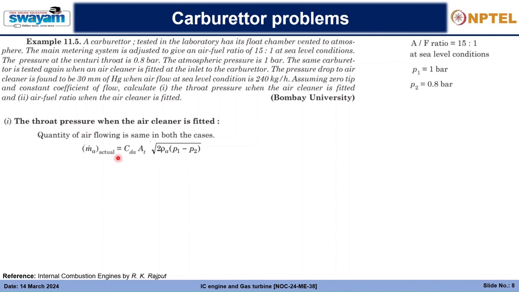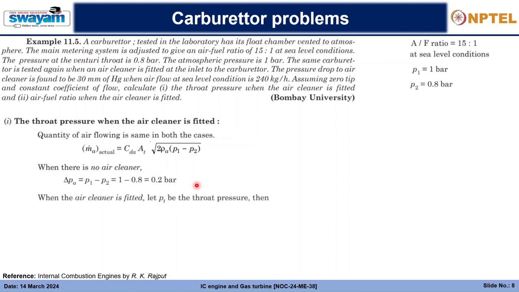So delta PA out here is 0.2 bar, and this is when the air cleaner is not fitted. So in that case, delta PA is 0.2 bar.